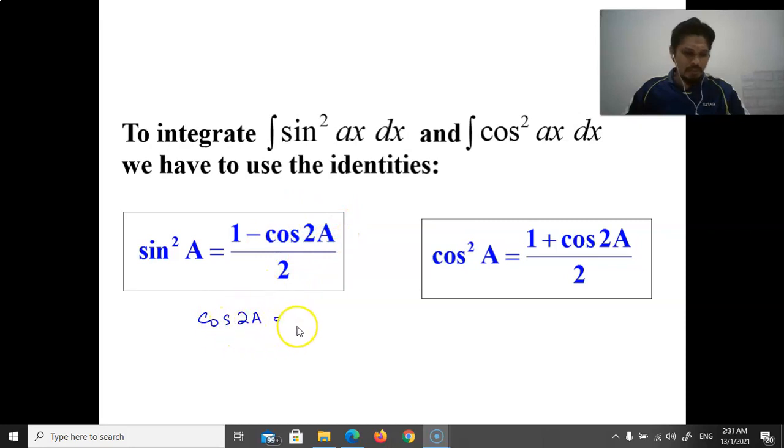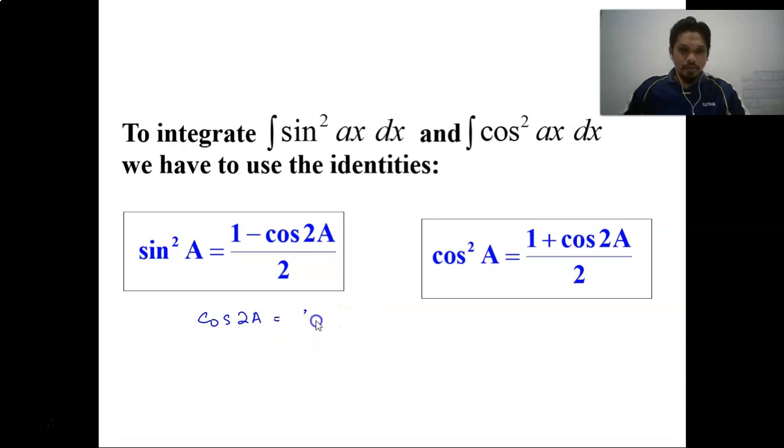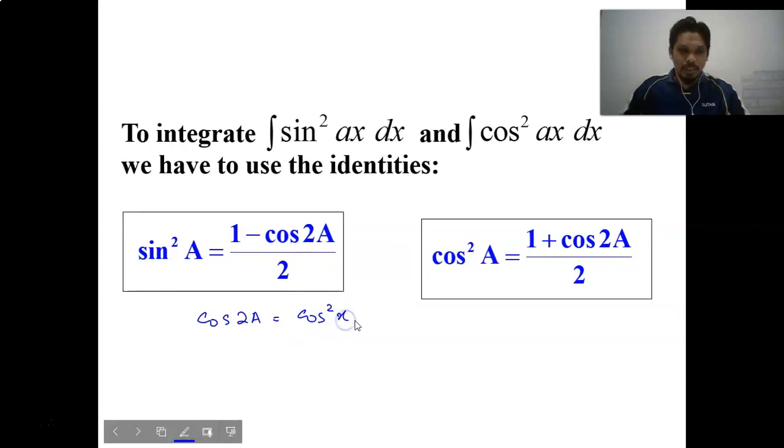Cos 2x equals cos square x minus sine square x, where we can recall and make some adjustment here. We still remember the formula sine square x plus cos square x equals 1.